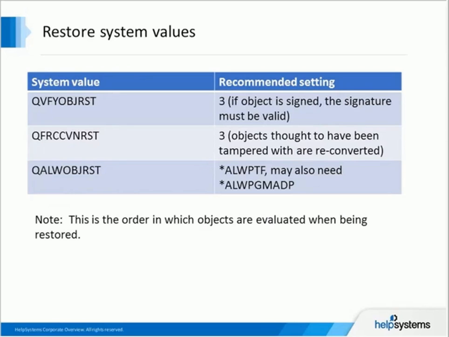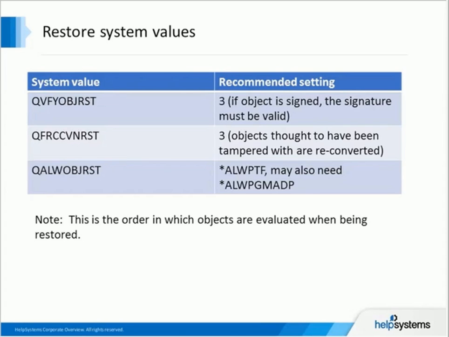The first one the system looks at, say we're restoring a program object, and the program has been digitally signed: the verify object on restore system value says that the recommended setting of 3 means if the object has been digitally signed, that signature must be valid. To me, that's a very reasonable thing to say, because if somebody has taken the time to sign an object, I do want it to be a valid signature. So that's what that does.